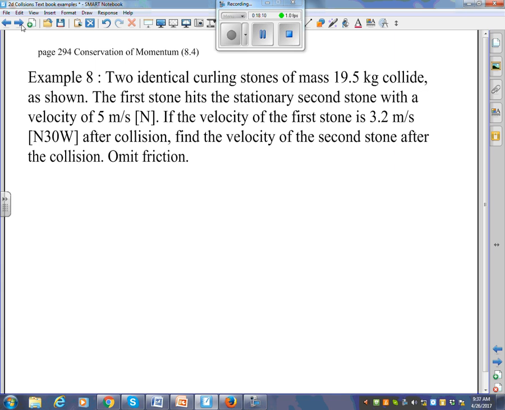Okay, so let's draw a picture. So I've got, we'll call it rock A. It's traveling straight north. And the second stone is like this. It's stationary. If the velocity of the first stone is 3.2 after, so in other words, the A at north 30 west, the A is going to go like this, right? The A is going to hit this rock and go like that.